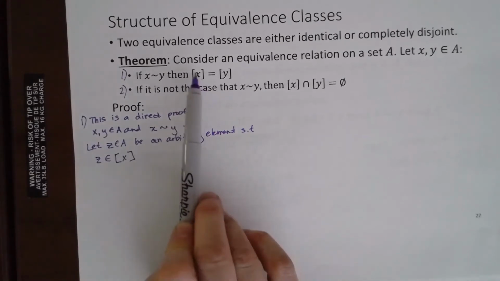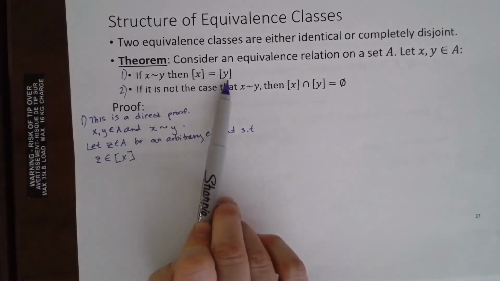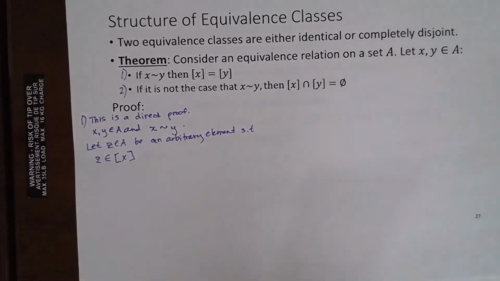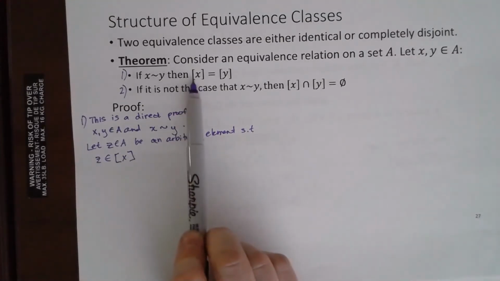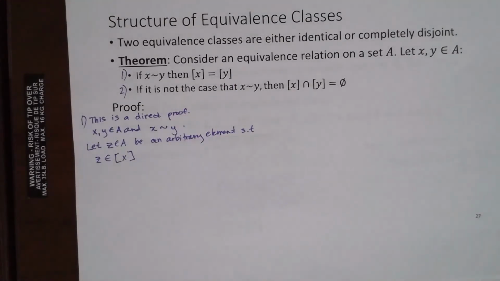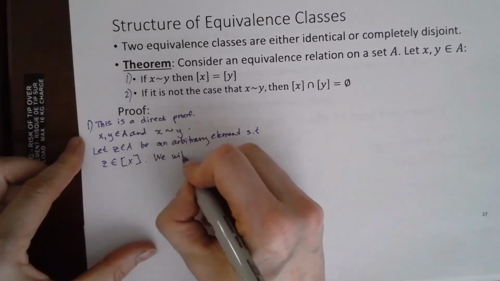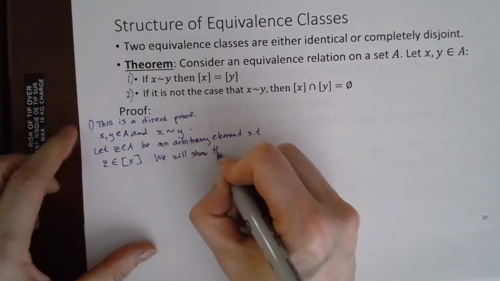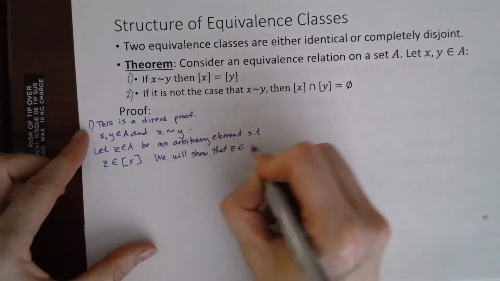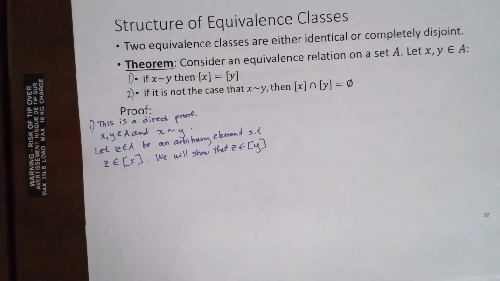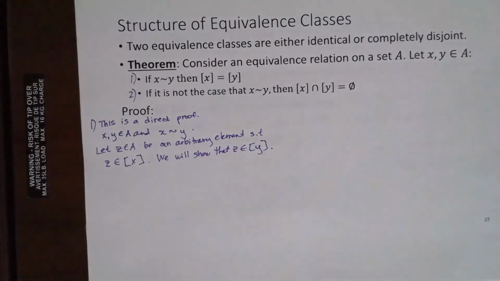Now, if I can show it's also in the second set, then I know they're equal, because whenever I pick an arbitrary element from the first set, it's in the second set, so they must be the same set. So my goal is to show that Z has to be in the second set as well. If we can show that, that'll be enough to say that they're equal.